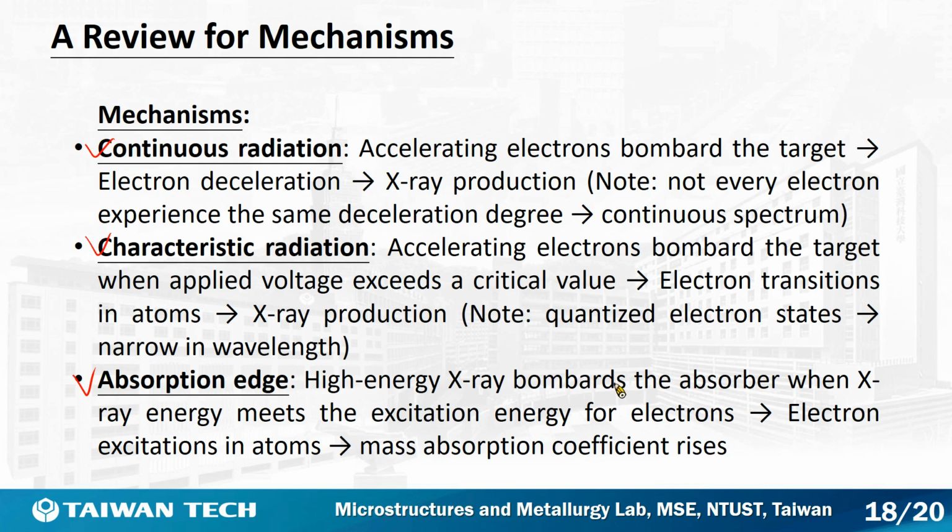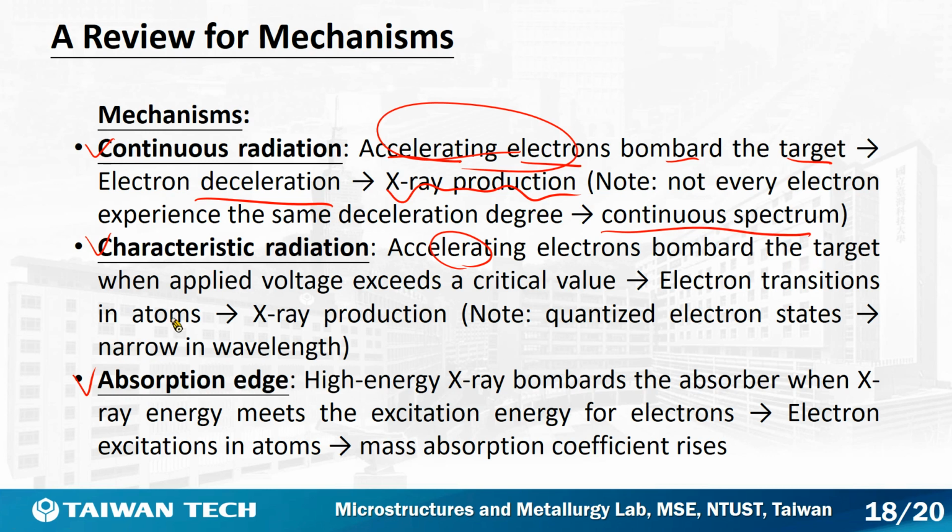So for continuous radiation, it's about the accelerating electrons bombarding the target. After that, these electrons will experience decelerations, and this will cause X-ray production to form a continuous spectrum. And for characteristic radiations, again, we know the accelerating electrons bombard the target.